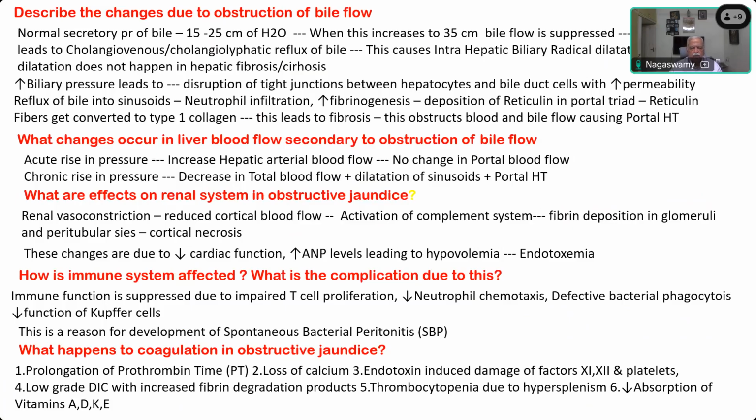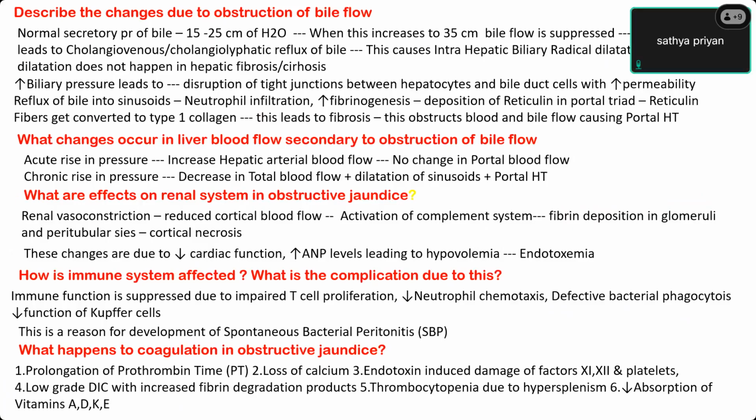So you don't have to say about MELD or other scoring systems in this particular obstructive jaundice, but the CPT scoring system is still valid. What are the parameters that you use to make the CPT scoring? Serum bilirubin, ascites, albumin, hepatic encephalopathy, prothrombin time.